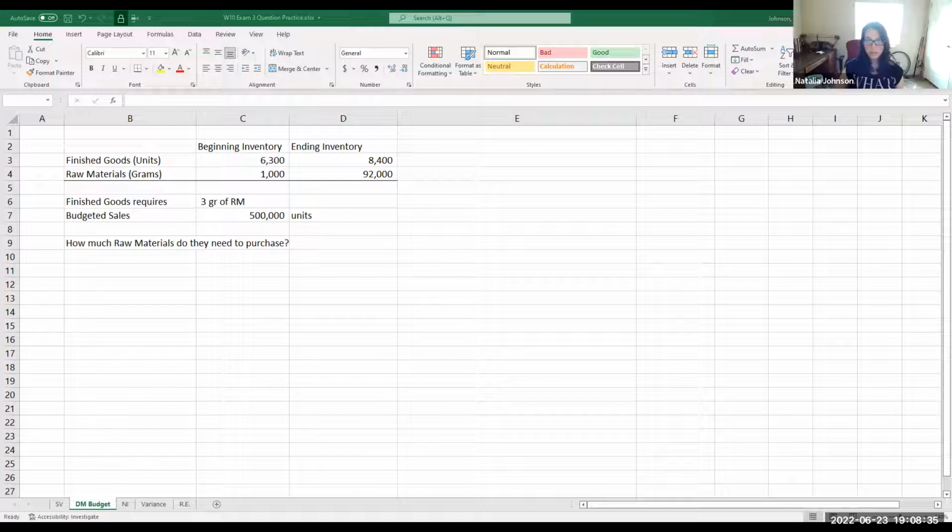I'll try to share the Excel here. Let's see if it works.